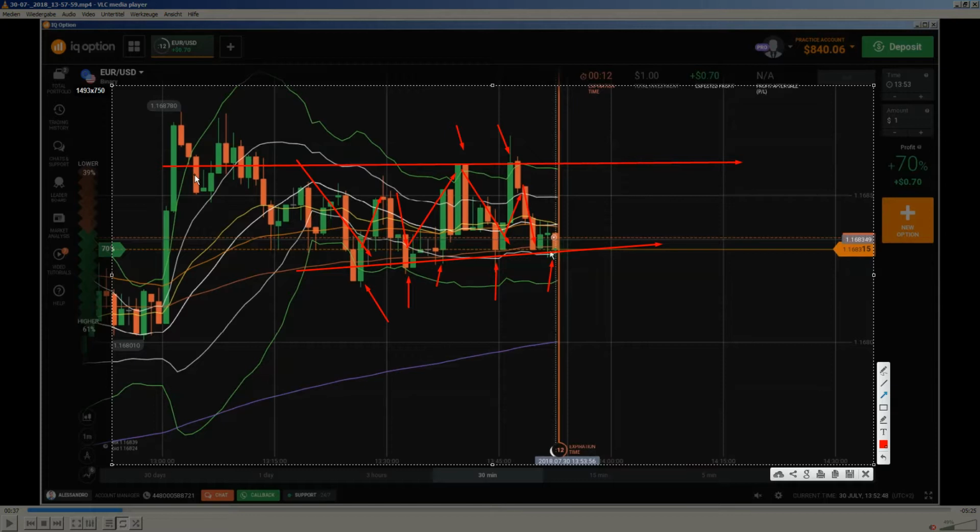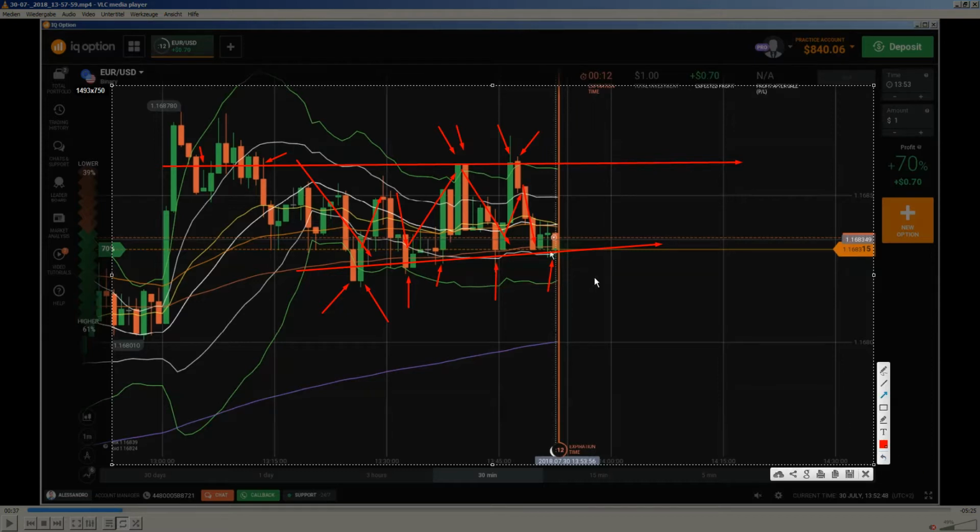Also, how the change of polarity is acting here. Yes, you see resistance, support, resistance, and here resistance, resistance, and here is the same, a fake breakout of the 50 EMA based on this kind of support and resistance level. You see here how the Bollinger Bands are acting as support and resistance too.